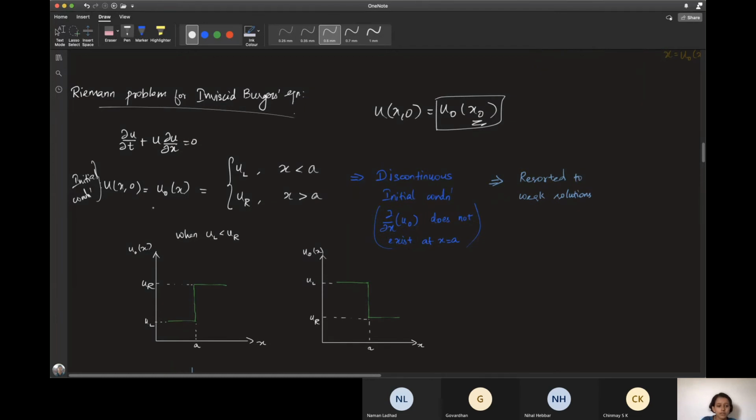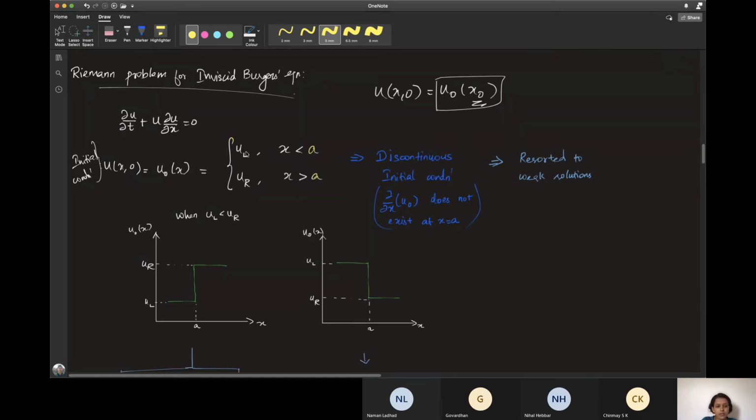However, I write some specific form of initial condition. Say you identify some point A, and this is some general initial condition. When you write this initial condition, it becomes the Riemann problem. For any equation, when you write such an initial condition which is discontinuous, it becomes the Riemann problem.